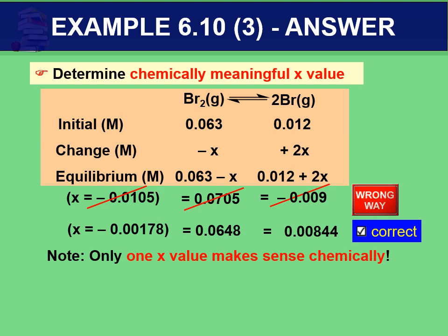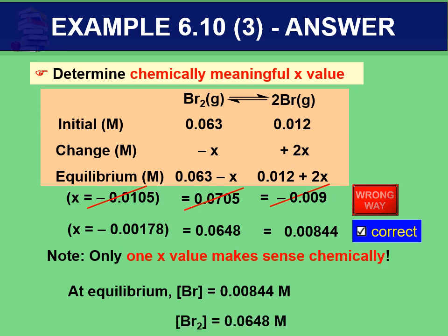Only one x value makes sense chemically. So we're going to use the second x, and we got the concentration of Br 0.00844 molar and Br2 0.0648 molar. This is the final answer at last.